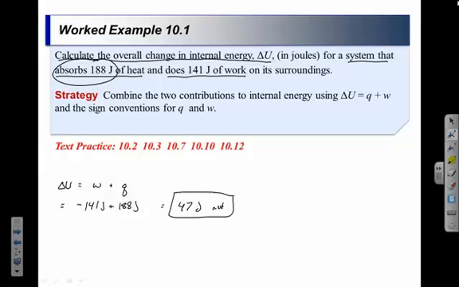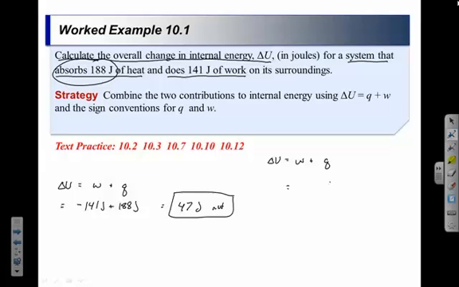Another example that's very similar, look at 10.10. So here it says a gas expansion, 87 joules of heat is absorbed from the surroundings. So here we want to calculate the work done. We're looking to calculate the work. So they're giving us the fact that 87 joules of heat is absorbed.